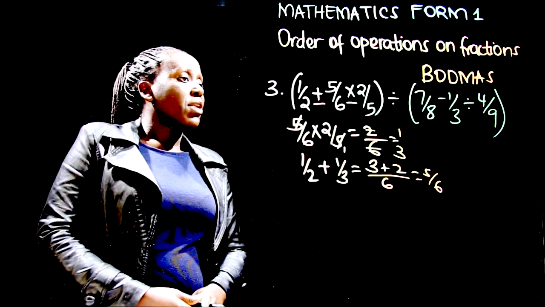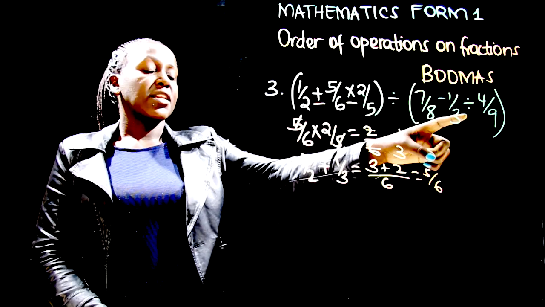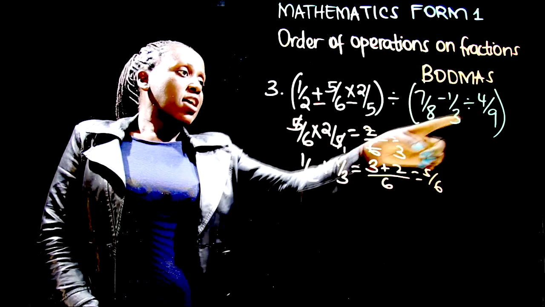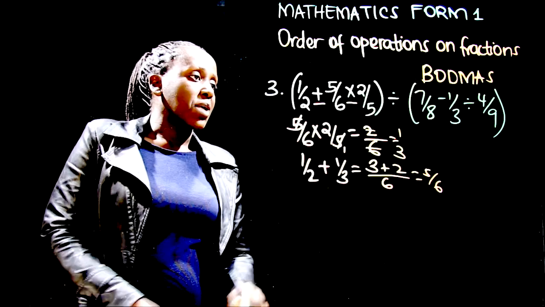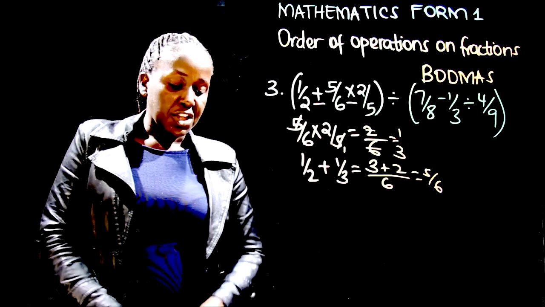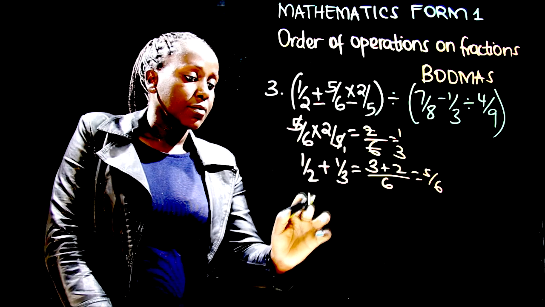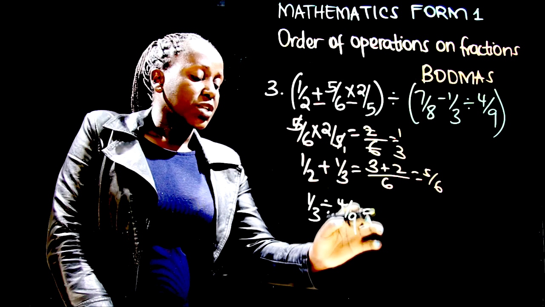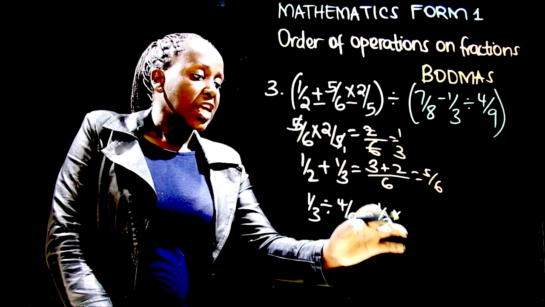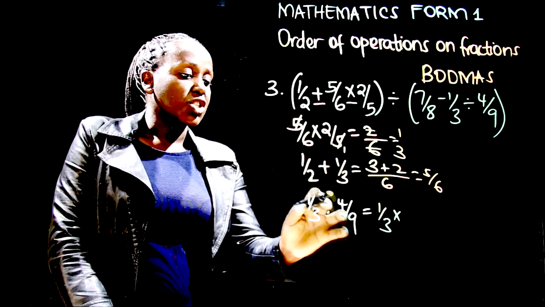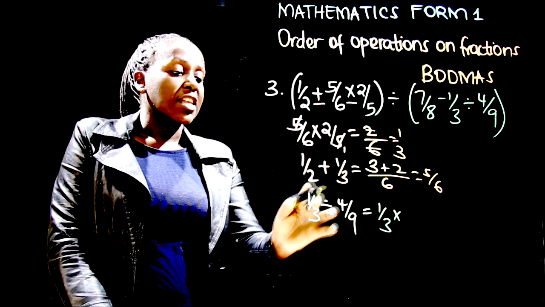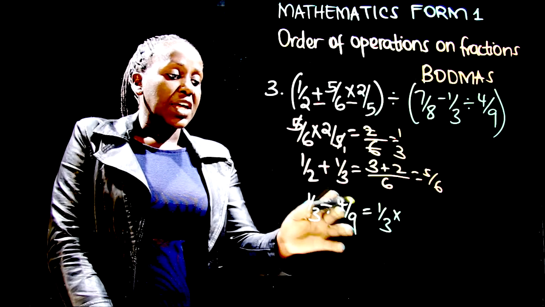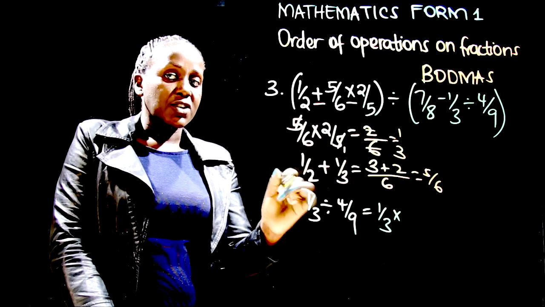Now, in that bracket, we have minus and then division. So between the two, which one comes first? Division comes first. So we have 1 over 3 divided by 4 over 9, which is equal to 1 over 3 times, remember when we change the division to multiplication, we must also reciprocate the second fraction.